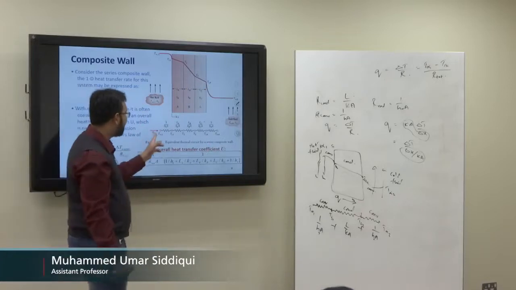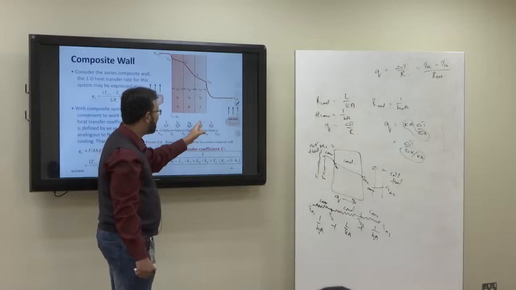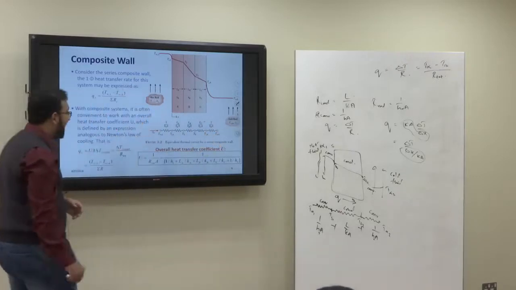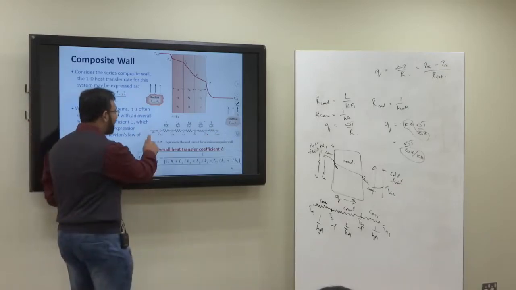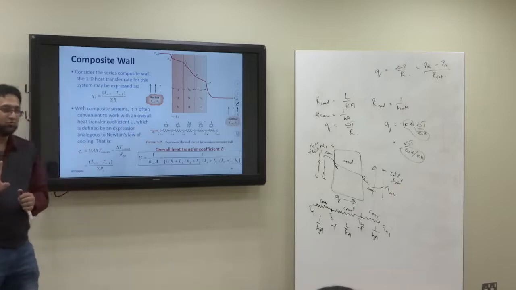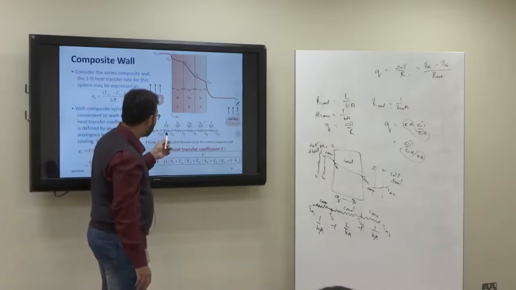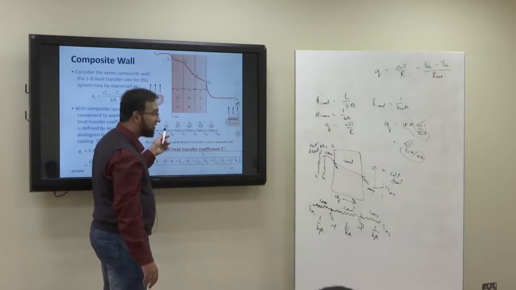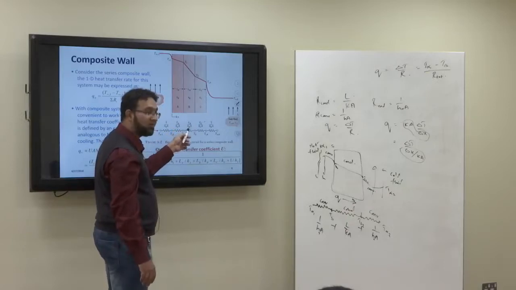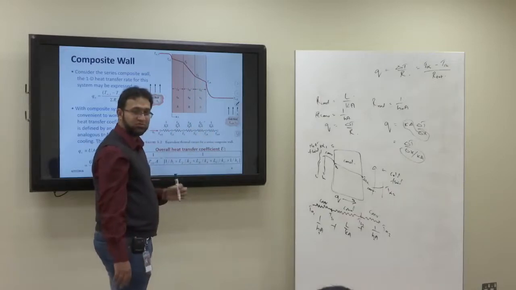So T infinity 1, then we have, let's say, Ts1, T2, T3, Ts4, T infinity 4. And the heat flow will be constant, because this is series, so it will be Q. The resistance for the first convective one will be 1 upon H1A, then L upon KA for A, L upon KB for B, L upon KC for C, then 1 upon H4A for the cold side.